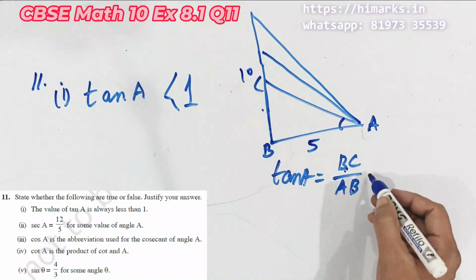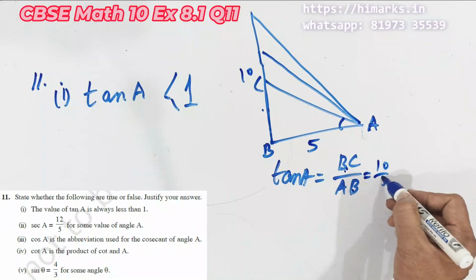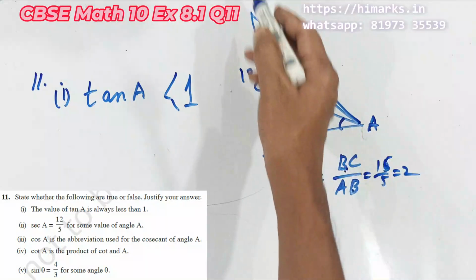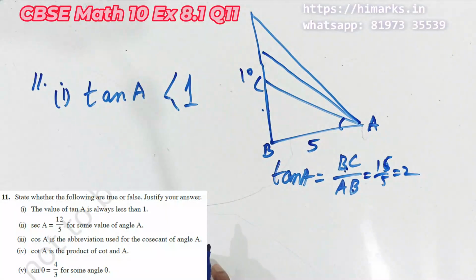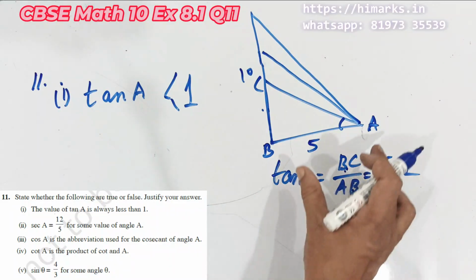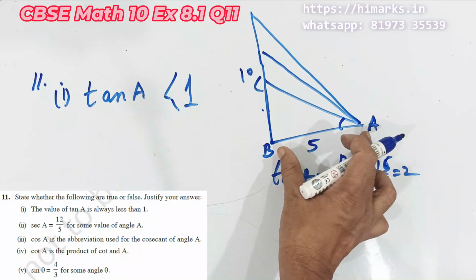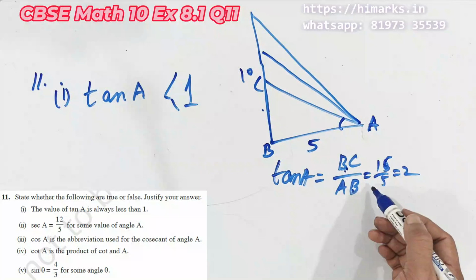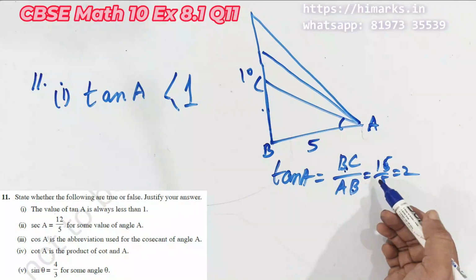So if it is 10, what do we get? It is 2. It could be much more, it could be 15, it could be 20. The height could be very tall, like a very tall building, but the base could be smaller. That is why this tan A could be bigger.